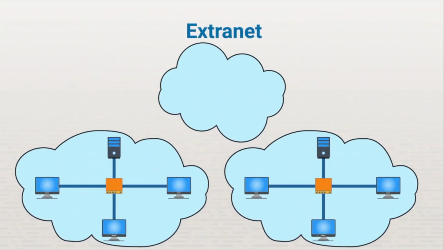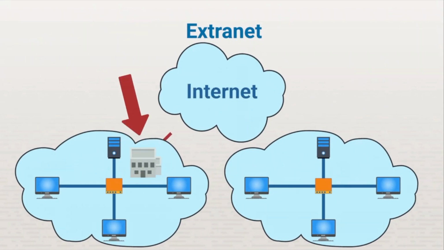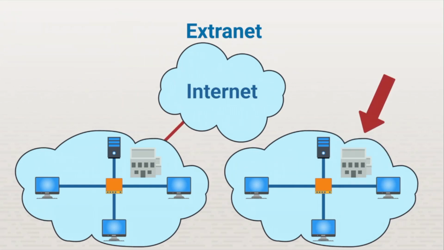Another term you might hear is that of extranet. An extranet is essentially an intranet that's made partially available to entities outside of your organization. For example, let's say we have a company here, and it's connected to the Internet. This company has a partner company in another location, and we may need to take some of the information within our intranet and make it available through the Internet to that partner organization.